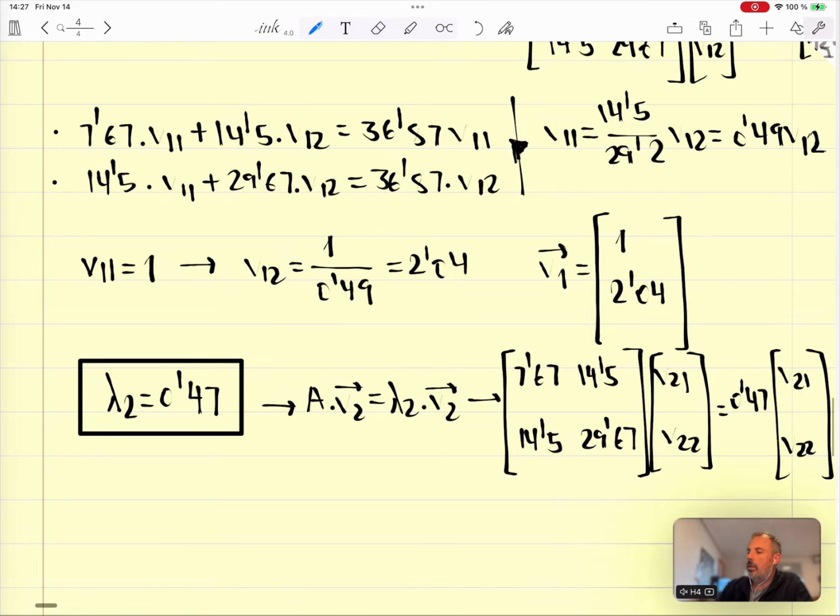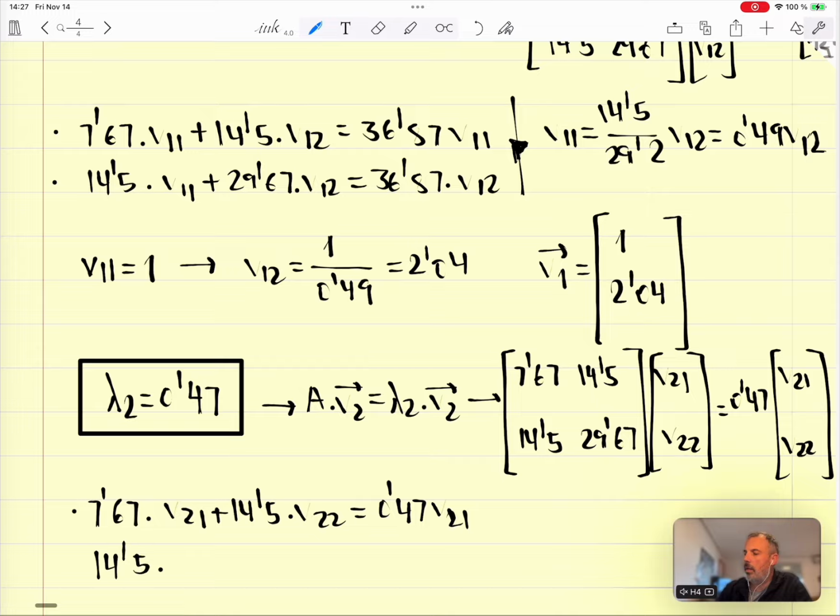Okay, so the first equation is 7.67 times V21 plus 14.5 times V22 equals 0.47 V21. And then 14.5 times V21 plus 29.67 times V22 equals 0.47 times V22.